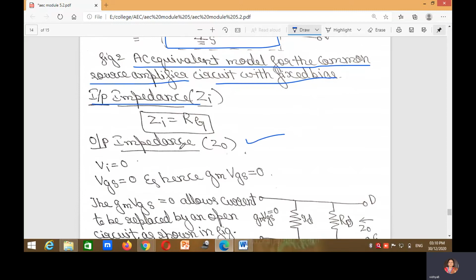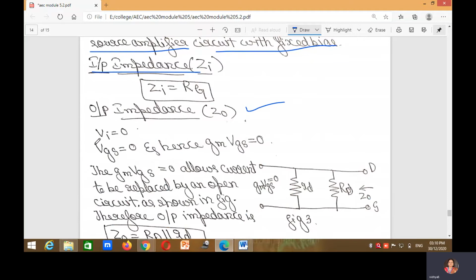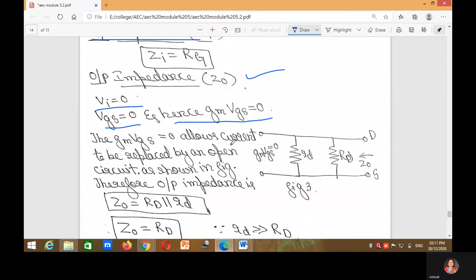And what about output impedance? While solving output impedance, we set Vi equal to 0 and VGS equal to 0. Hence Gm into VGS is equal to 0. That will allow the current source to be replaced by an open circuit.